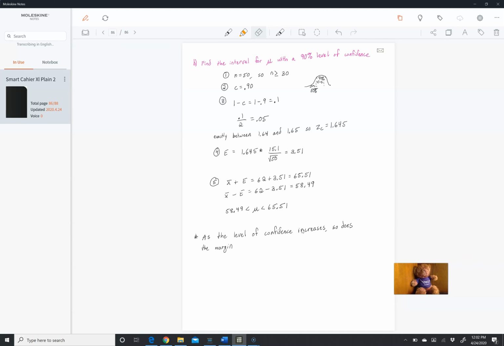Which, kind of by definition, because we find the interval using the margin of error, means the interval increases as well. Okay, visually, this makes sense.